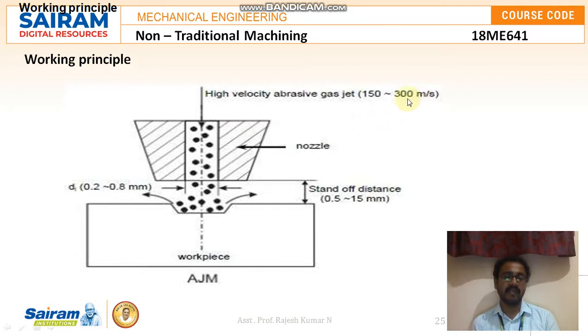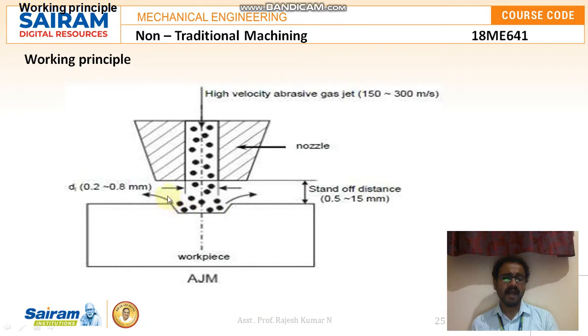At this velocity I'll be allowing the mixture of water plus abrasive slurry to the nozzle, and it will hit exactly on the surface of the workpiece. The distance to be maintained between the nozzle tip and the workpiece is 0.5 to 15 mm. This is the standoff distance. We are supposed to maintain this distance, otherwise we may not get the expected output.